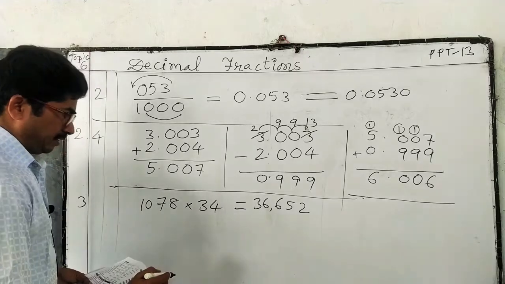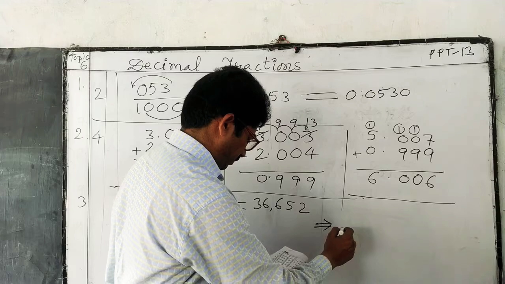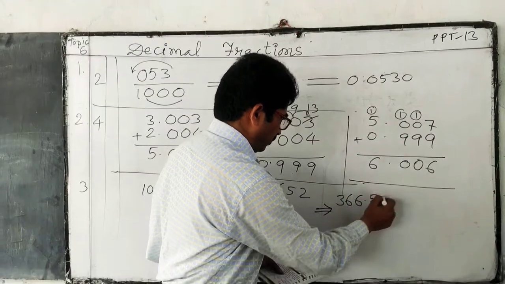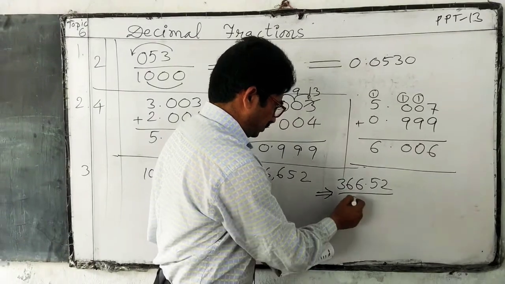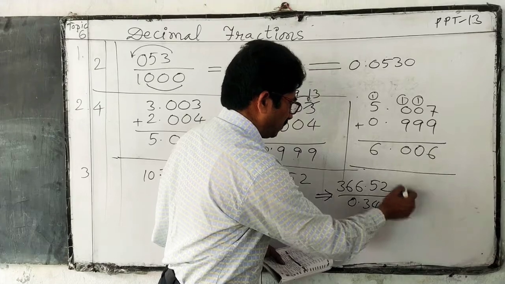Then we have to find 366.52 by 0.34. What is the answer?